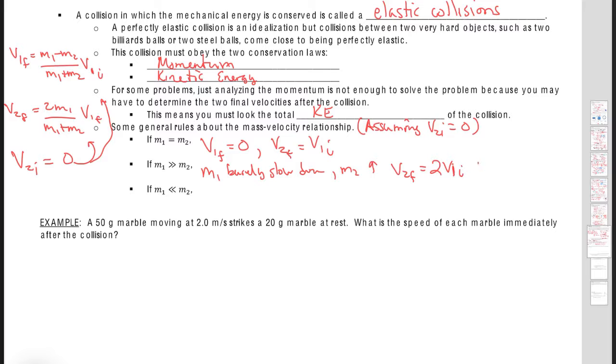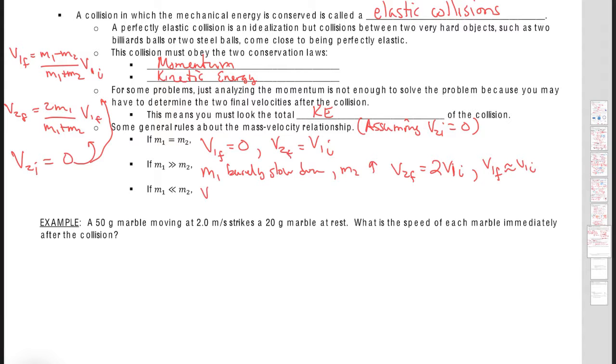So v1 final will be approximately v1 initial. They're not exactly equal, but about the same, because it barely slows down. If it's the other way, it's kind of the reverse.